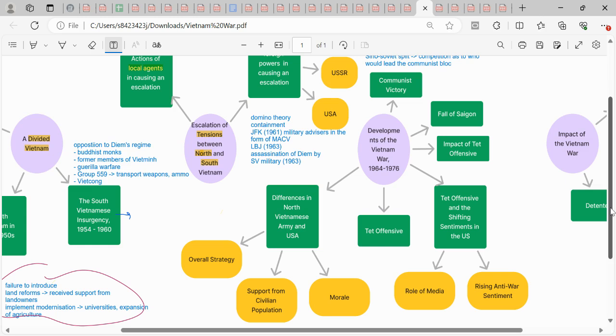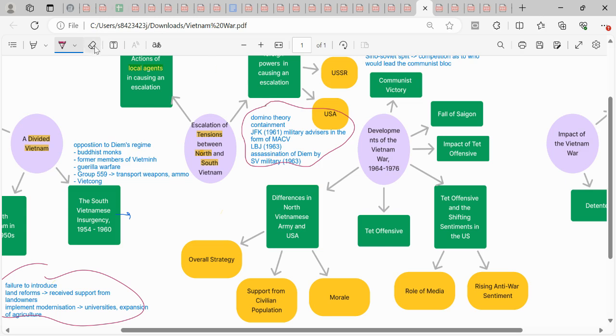How did they suddenly decide to get involved? All this could be one reason. Domino theory, containment, you can easily use this as one reason, or on the other side, was it simply the Gulf of Tonkin incident that really forced America's hand?